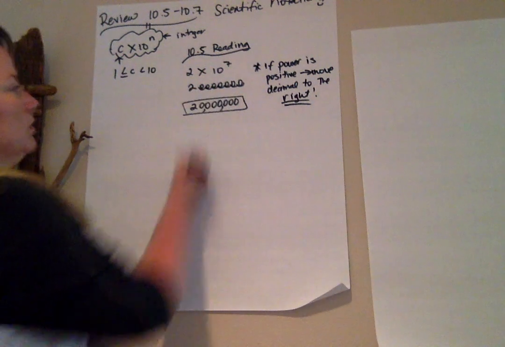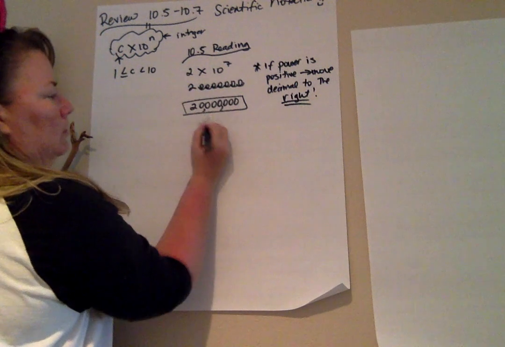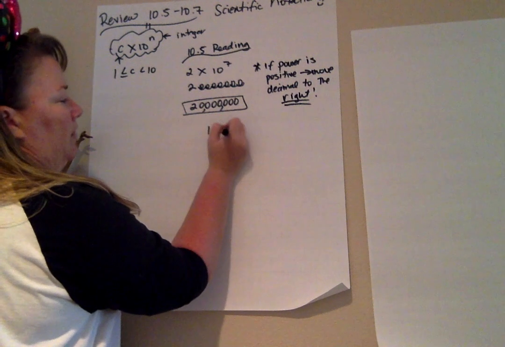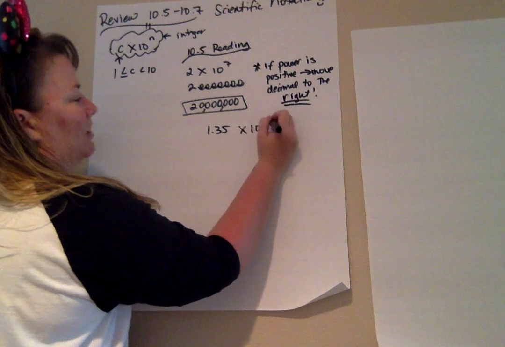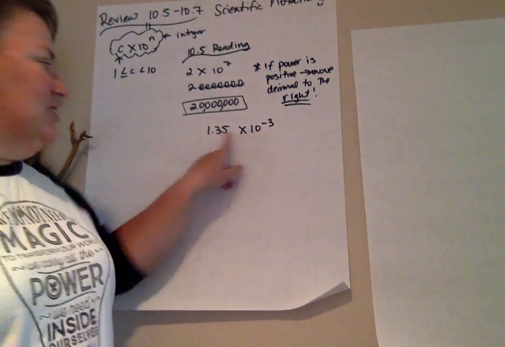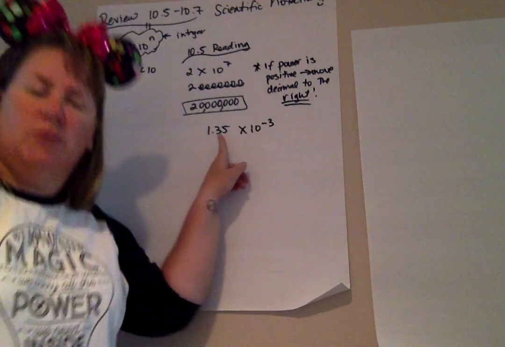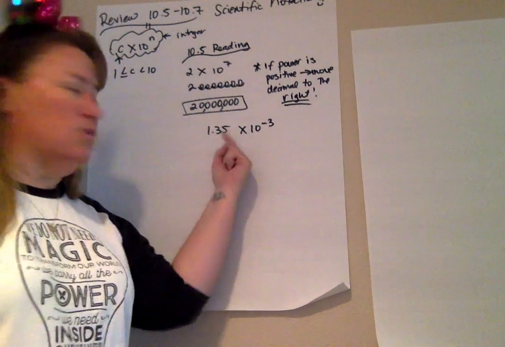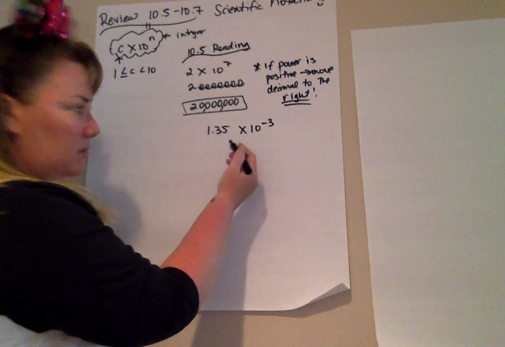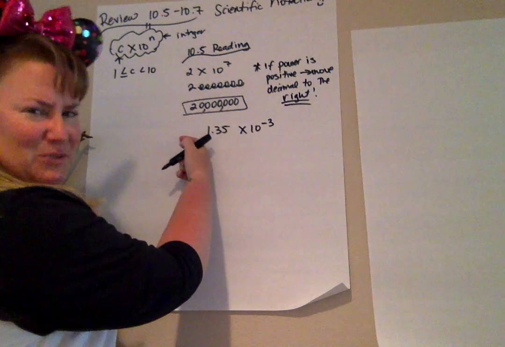All right, so let's do one when it's negative. Let's go 1.35 times 10 to the negative third. The negative third power tells you that this number has to get smaller, and since our number has to get smaller, we have to move it to the left. Sorry, I was seeing that backwards.